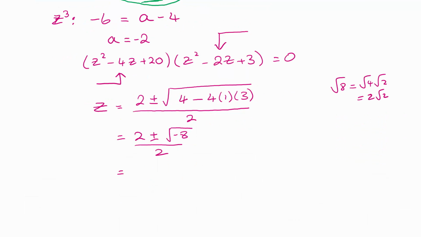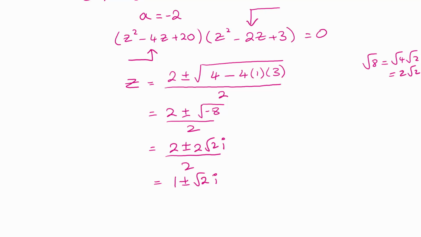So that is going to be 2 plus or minus 2 root 2 i over 2, which is 1 plus or minus root 2 i. And so my solutions are 2 plus or minus 4i and 1 plus or minus root 2 i.